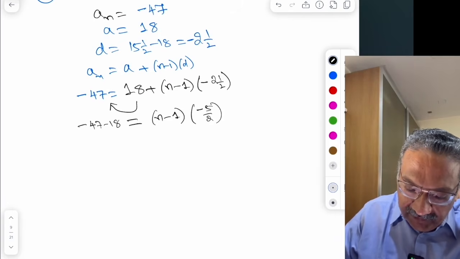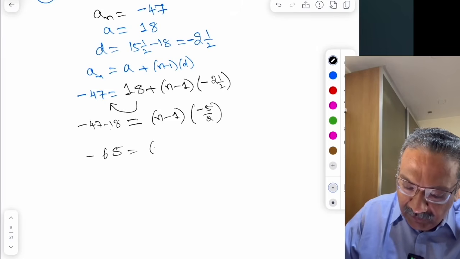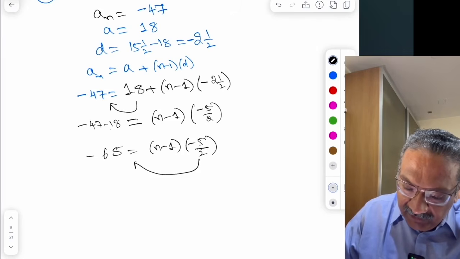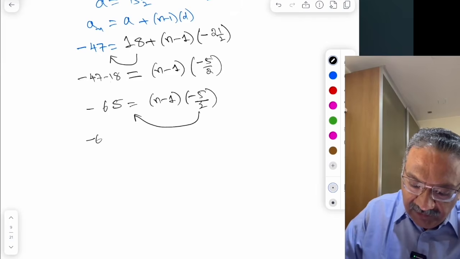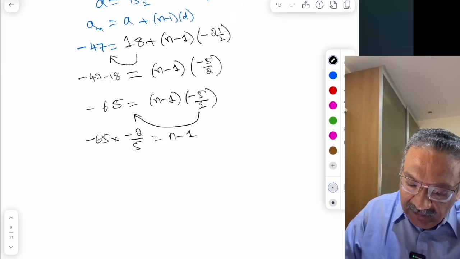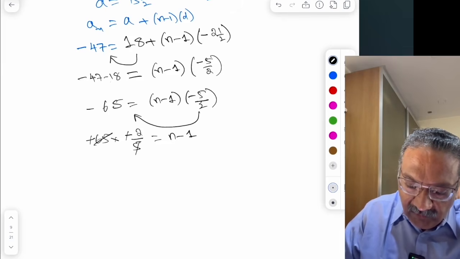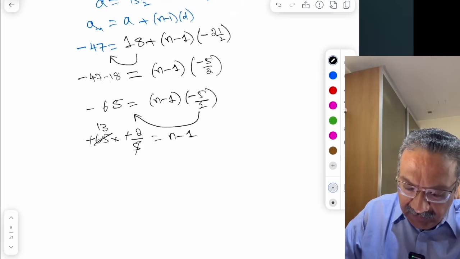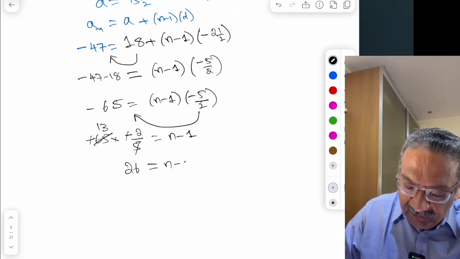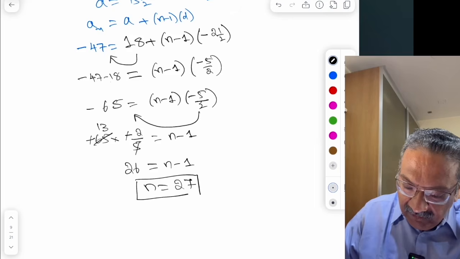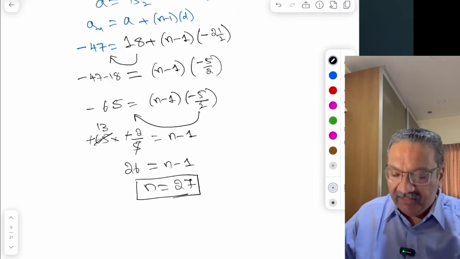So 47 and 18 if you add, it is minus 65 is equal to n minus 1 into minus 5 by 2. Minus 5 by 2 if it comes this side, it becomes minus 65 into minus 2 by 5 is equal to n minus 1. Minus minus cancels, 5 13s are 65, 13 2s are 26. So 26 is equal to n minus 1 and n is equal to 27. So there are 27 terms.